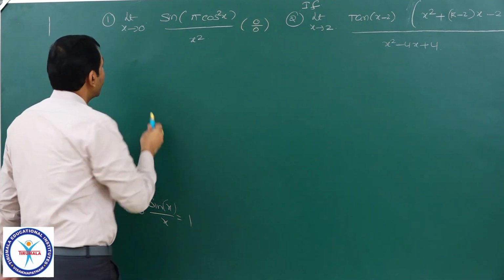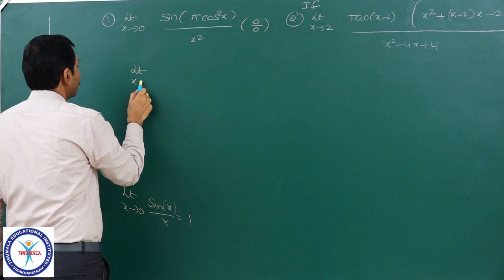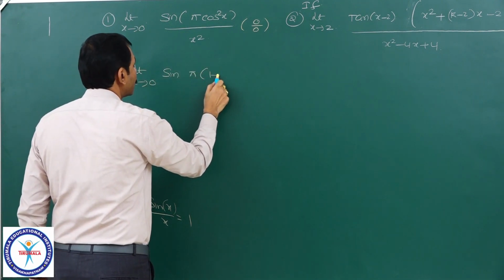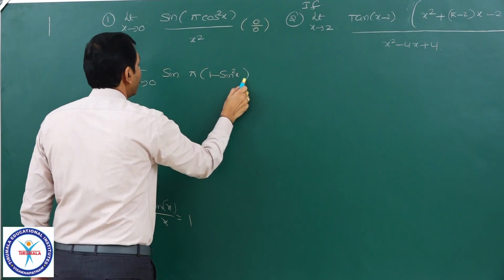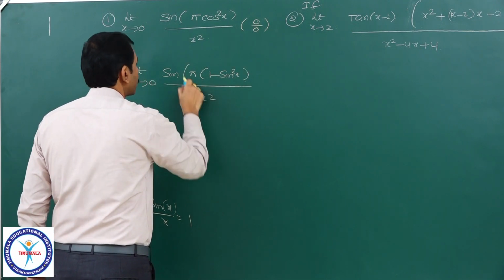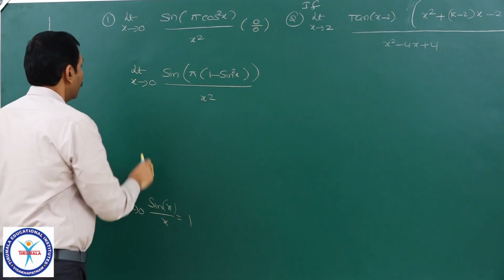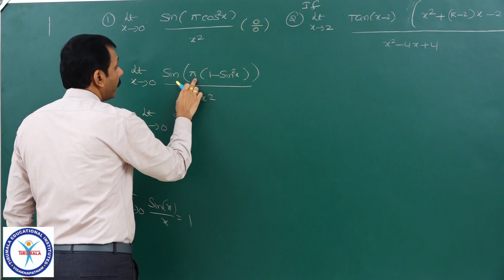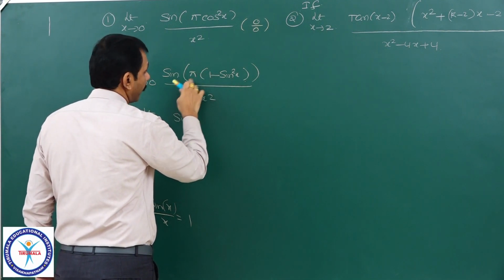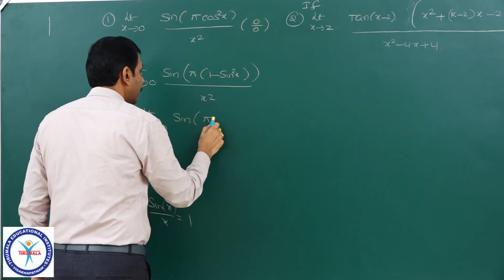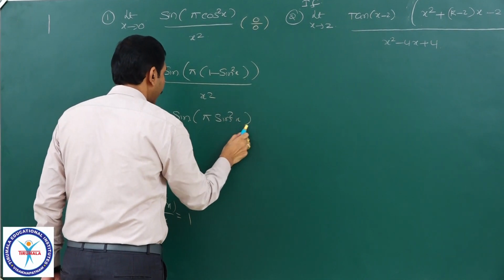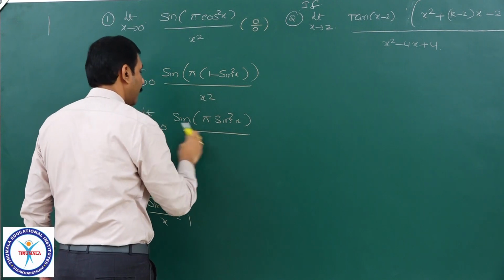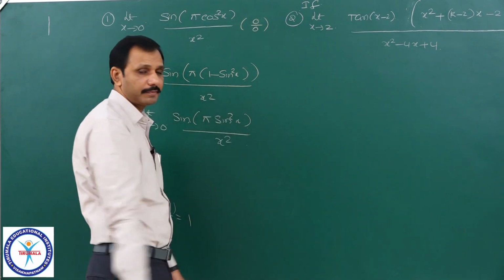So what will I do here? Limit x tends to 0 of sin of pi into that cos square, I will write it as 1 minus sin square x, by x square as it is. It is limit x tends to 0 of sin of (pi minus theta), it is of the form sin theta, it is pi sin square x. Because here the denominator is pi sin square, so I will write pi sin square x by x square.